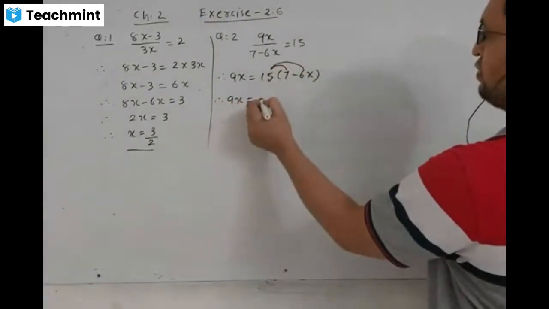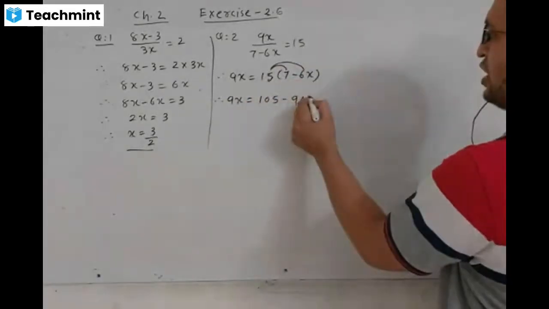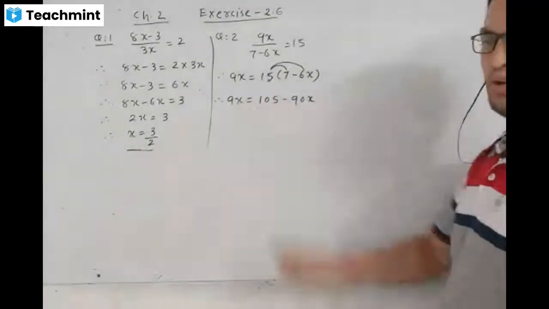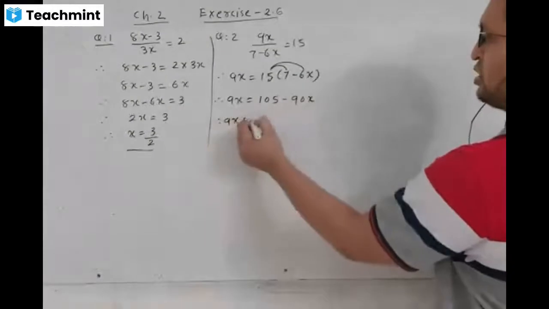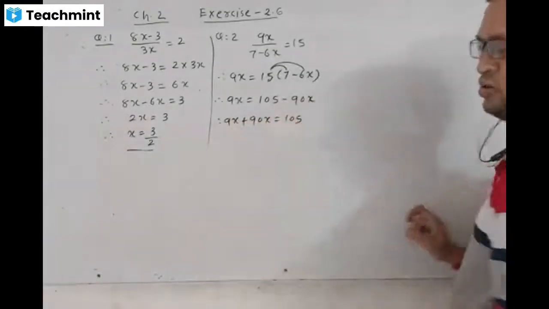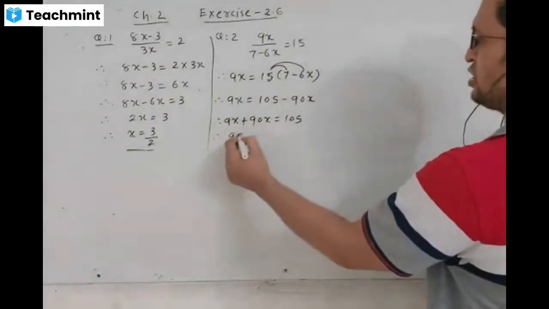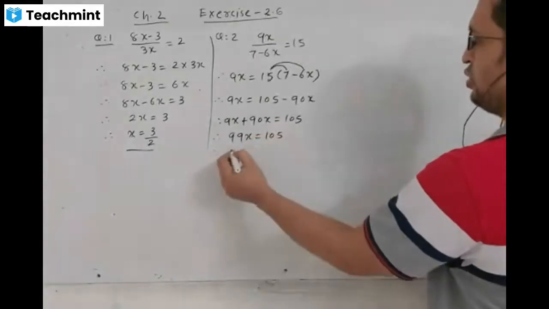Therefore 9x is equal to 105 minus 15 times 6, which is 90x, and 90x transposing to the left side, 9x minus 90x transposing right to left side, that is plus 90x, is equal to 105. 9x plus 90x, that is 99x, is equal to 105.